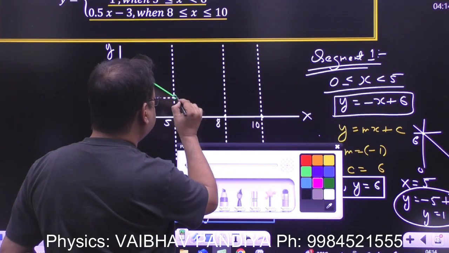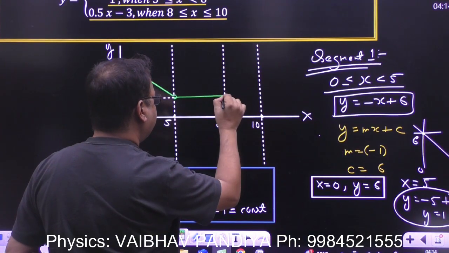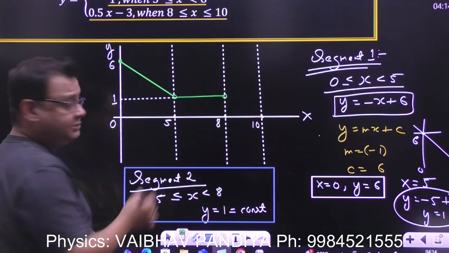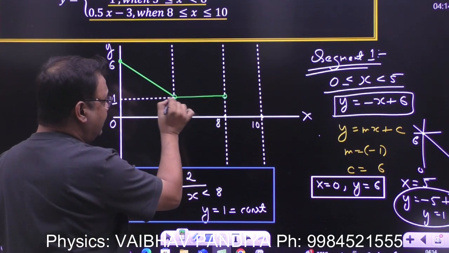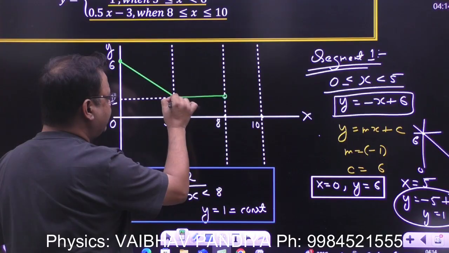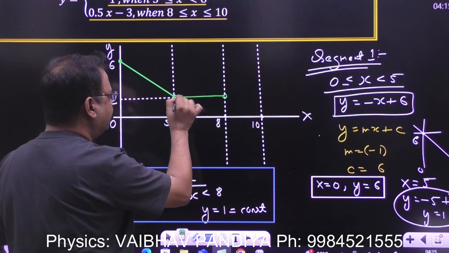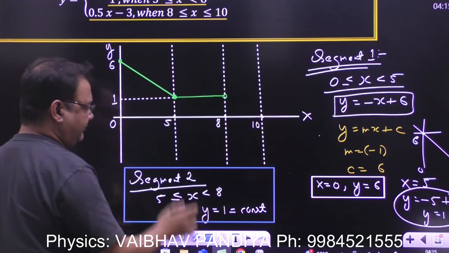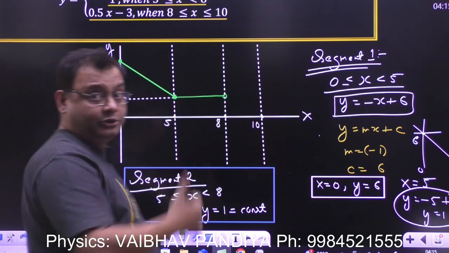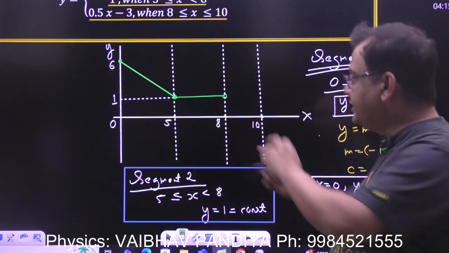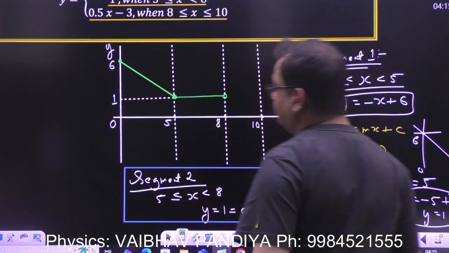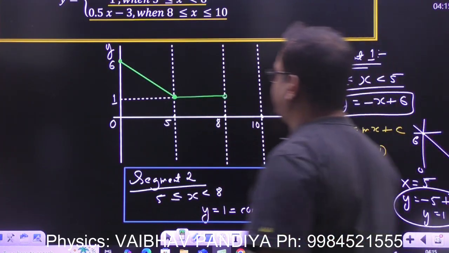So I can extend the graph, and again I will make a hollow circle here, and since this value gets included in this graph, and it is also coming to be 1, we can make a dark circle at this point, taking the contribution of the second segment graph. Earlier it was a hollow circle because that was the end point of segment 1. Now it is also the beginning point of segment 2, which is including x is equal to 5.